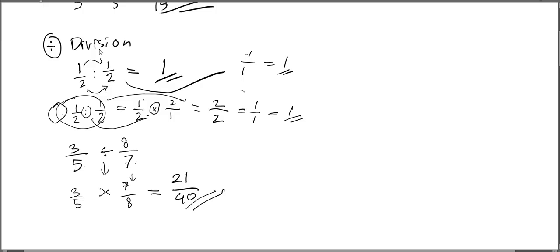And then for the last, I would like to give you the logic behind it. For example, here, a half divided by a half. The logic is, if you have a half cake, yeah, this is a half cake, and you want to give this cake to people, half, only half.